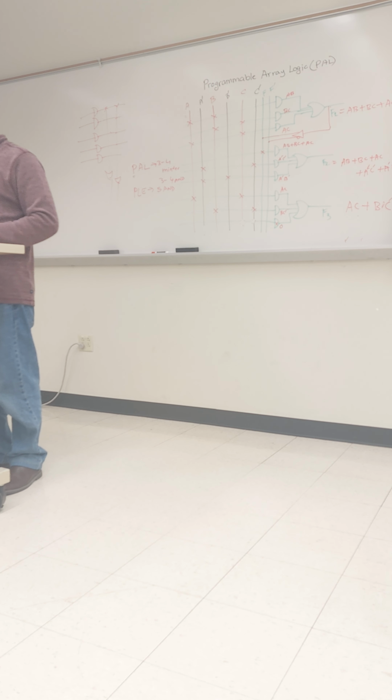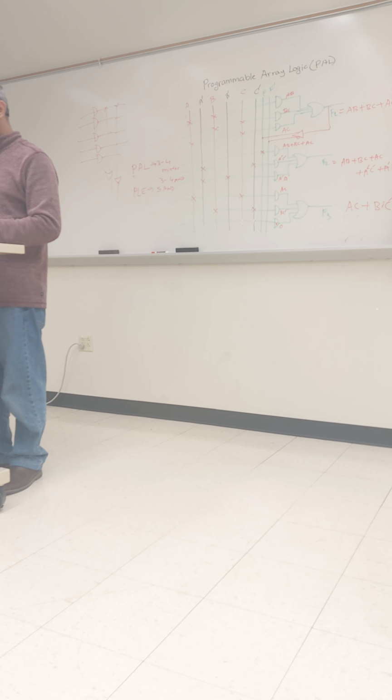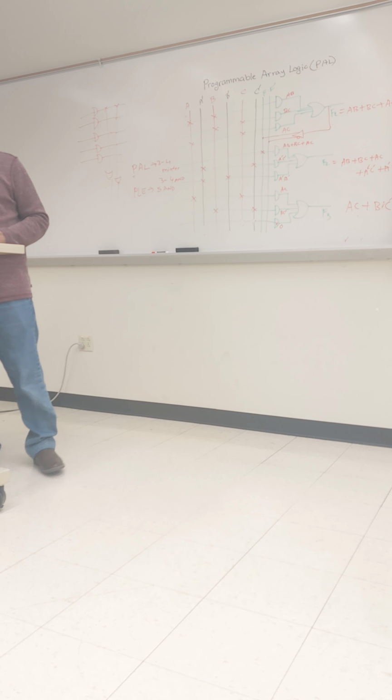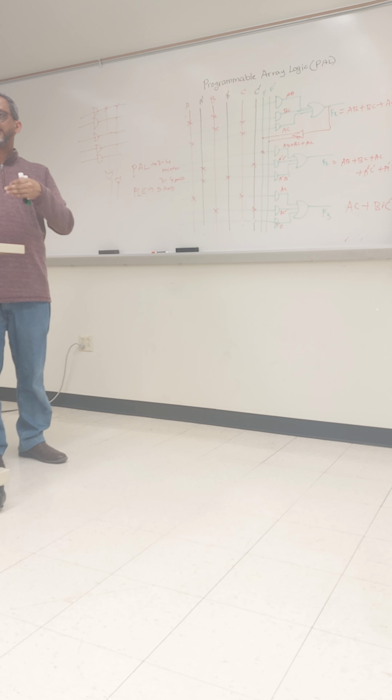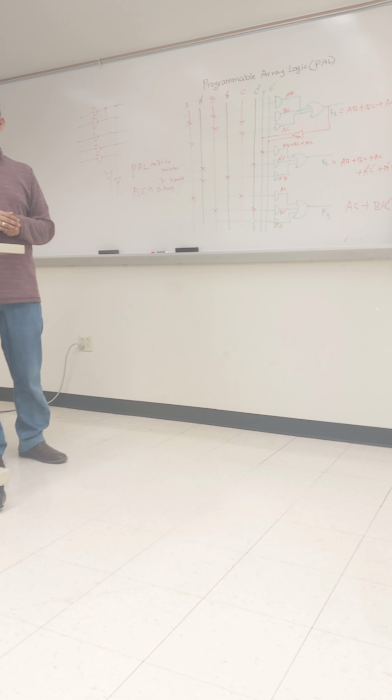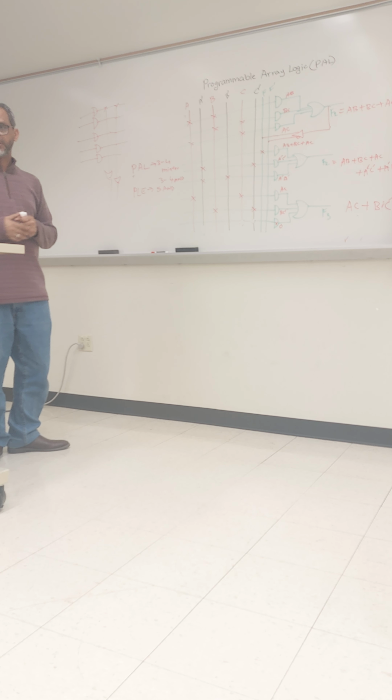Okay. Now let's try with one example. If the truth table is given, from the truth table you have to find out the Boolean functions, and then you have to implement them with this PAL circuit. Okay, let us finish here.